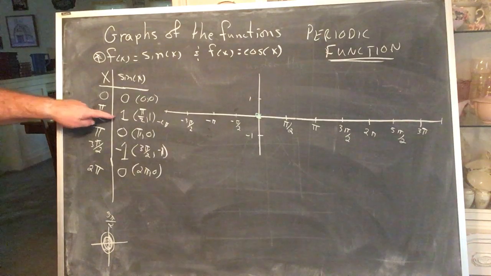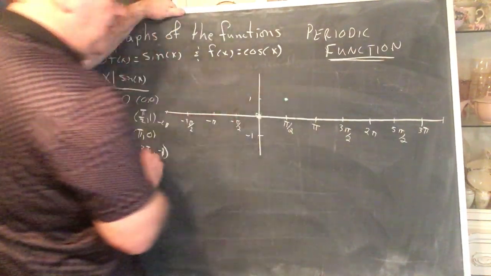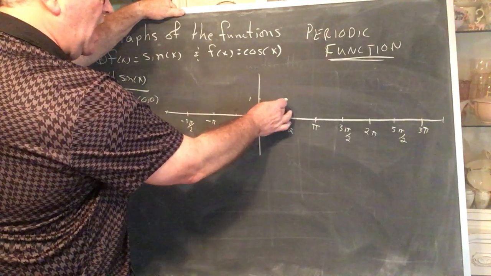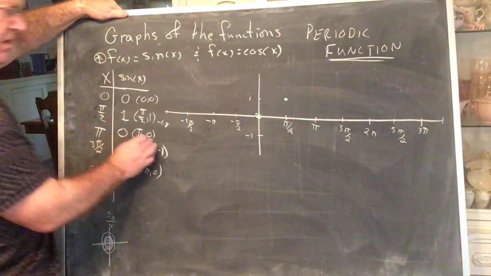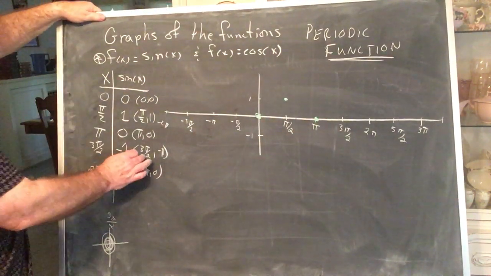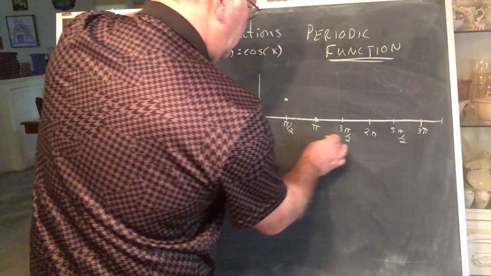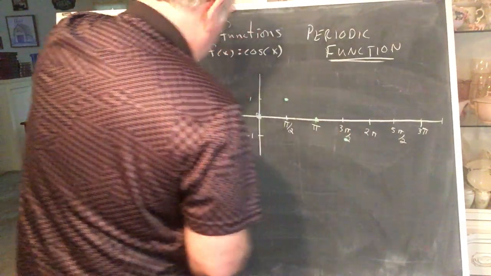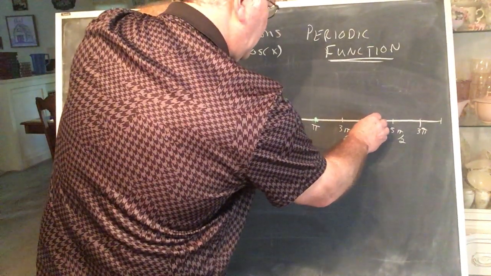At x is pi over 2, the y value is 1. So that's that point, pi over 2, 1. But then at pi, the function value goes back down to 0. At 3 pi over 2, the function value goes to -1. But at 2 pi, the function value comes back up to 0.